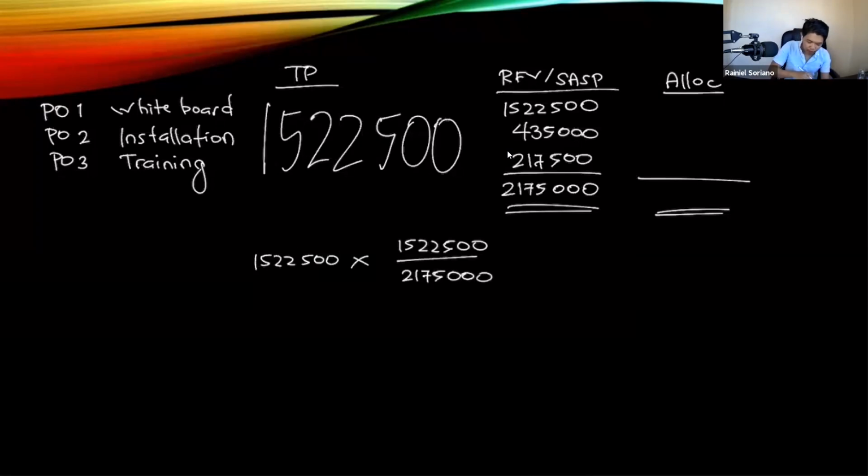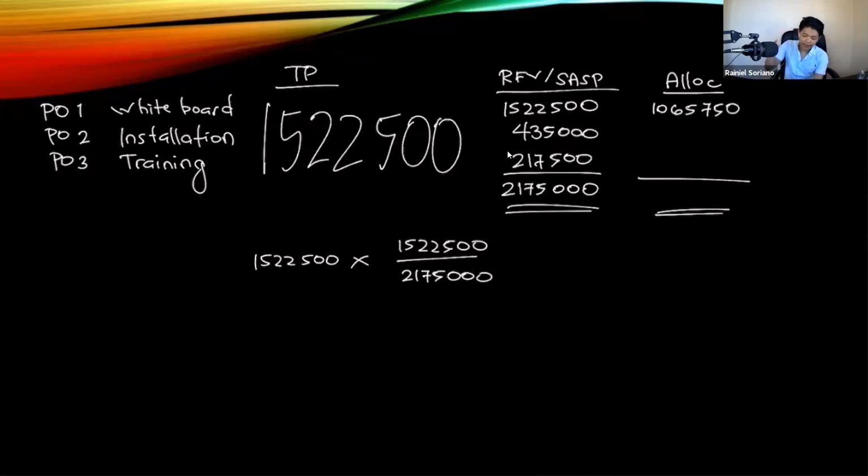Kaso, 1,522,500 times 1,522,500 will give you an error. That is why, better if uunahin mo yung divide kapag sobrang haba na ganyan. So, 1,522,500 divided by 2,175 times 1,522,500, that's equal to 1,065,750.